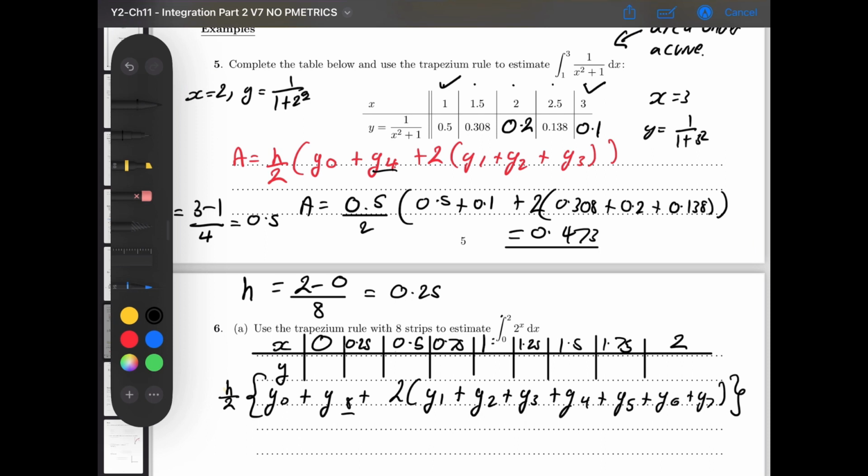And then for each number, substituting in to our function, I'm going to leave it in exact form this time, just to save on the calculation. We would get 2 to the 0, which is 1, 2 to the 0.25, and so on and so forth.